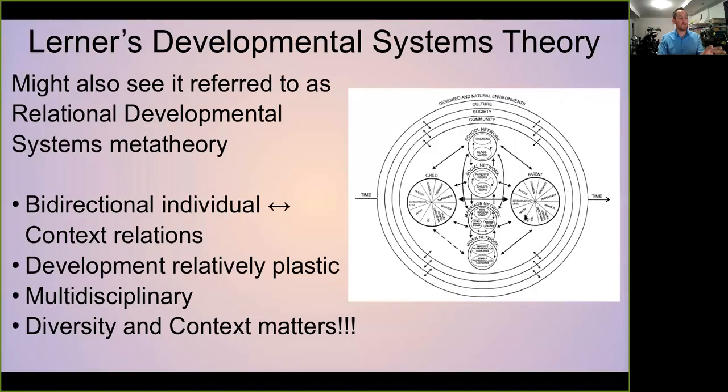So then Lerner took this into this developmental systems theory, this relational developmental systems theory. If you look closely, all these arrows are pointing both ways. This is because there are bidirectional interactions. So bidirectional means two directions. So this child is being affected by their parent, but this child might also be affecting their parent.